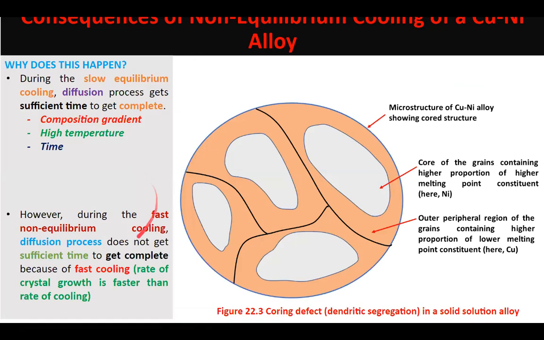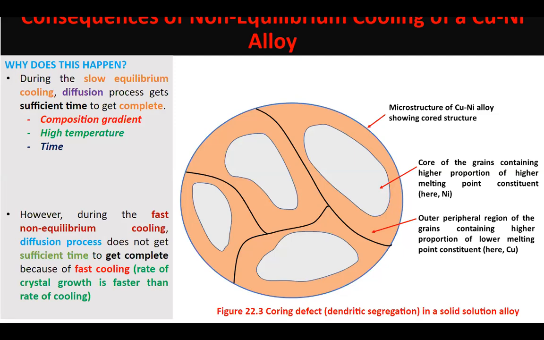But if fast, non-equilibrium cooling is there, and diffusion is not able to keep pace with the crystal growth, because dendritic growth and grain growth depend upon the cooling rate, the faster you cool, the more rapidly the crystal growth takes place. But because of this rapid cooling, diffusion is missing its very important parameter, that is time. Because time is not available, diffusion gets incomplete.